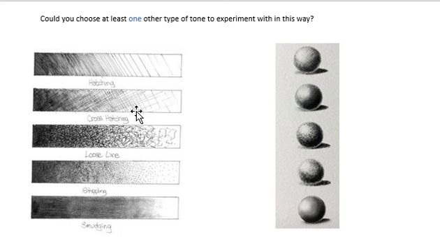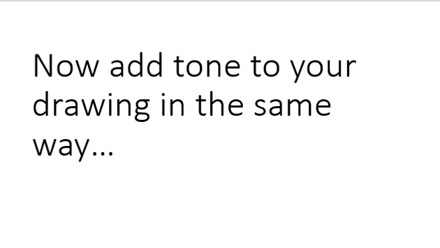So you've got here hatching, cross hatching, different types of effects, and then you can add those onto your circles to try and create your sphere in a slightly different way. And for your tonal drawing, you can use lots of these different ways of applying tone if you would like.